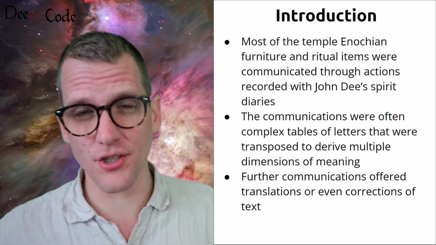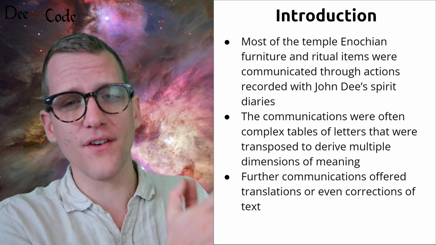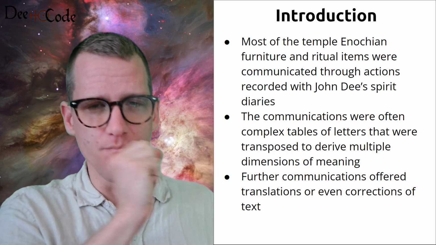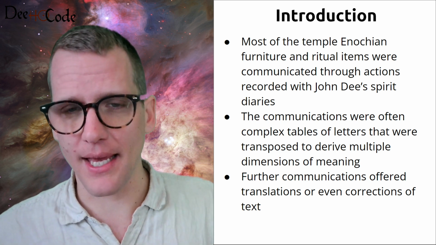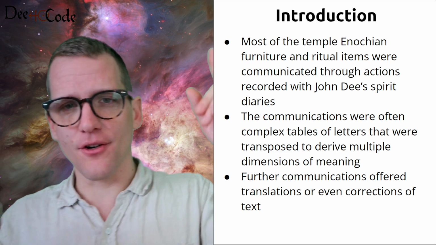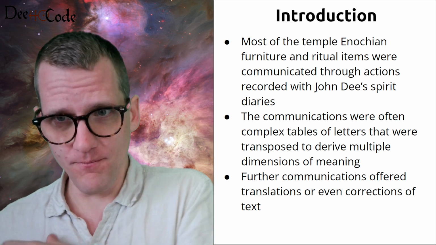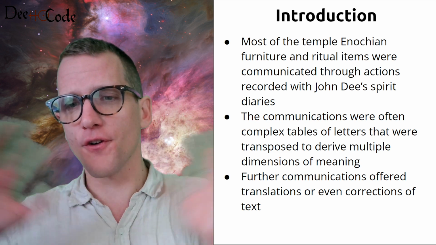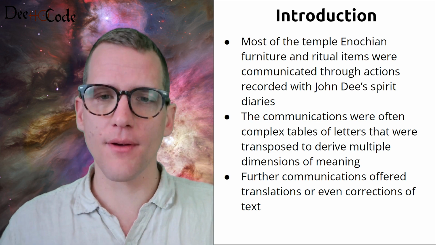The communications often involved complex tables of letters, a series of letters that didn't make any sense, that were later transcribed or corrected in subsequent sessions. Then they also offered further translations or communications.